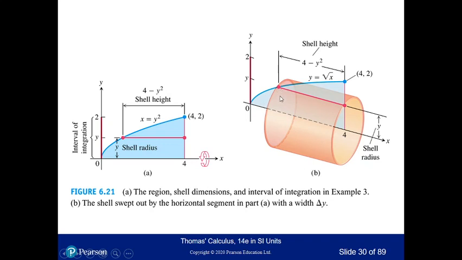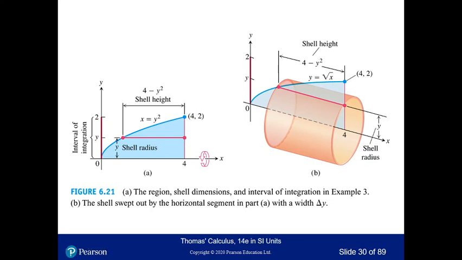And what's the radius of this shell? The radius is y, and the height is going to be the corresponding x value. Let's see, the shell height I'm interested in.